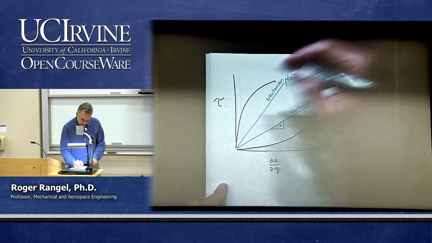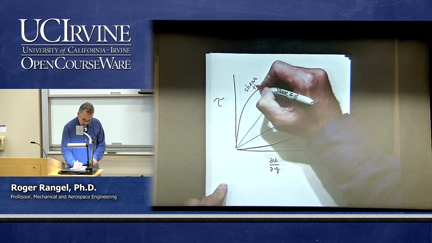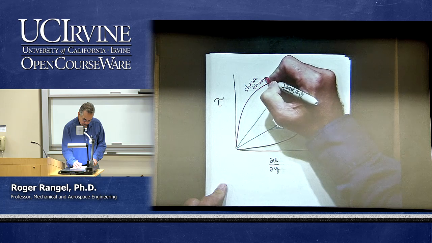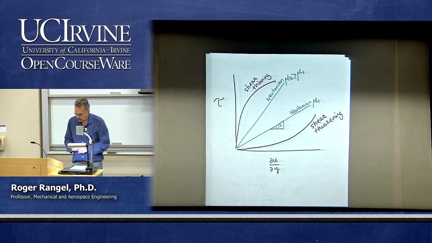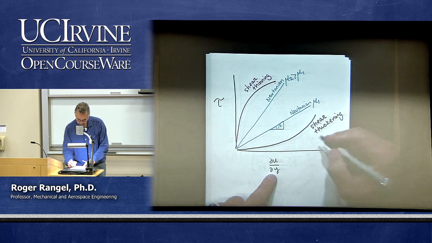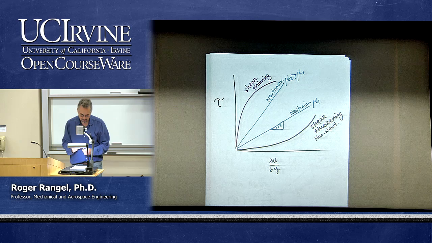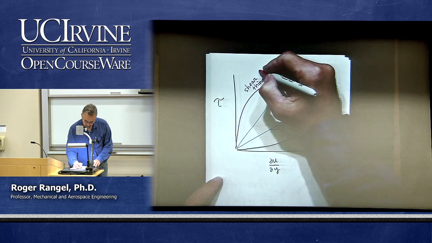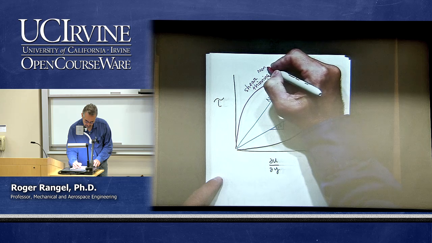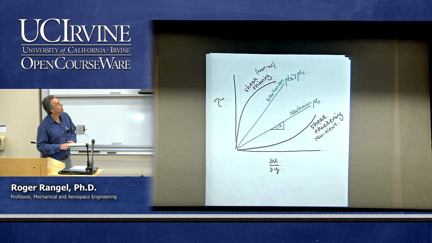So these are the so-called shear thinning fluids. So these are both non-Newtonian. So make sure you know that this is non-Newtonian, and so is this, non-Newtonian. Right? Those are two non-Newtonian fluids.